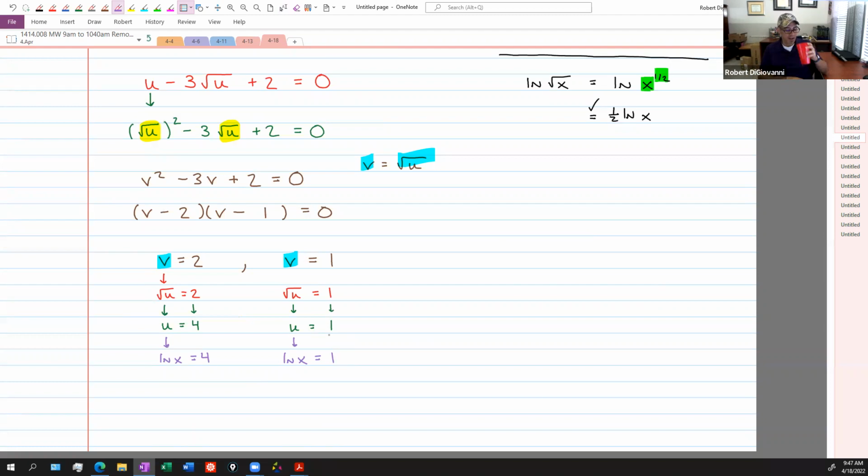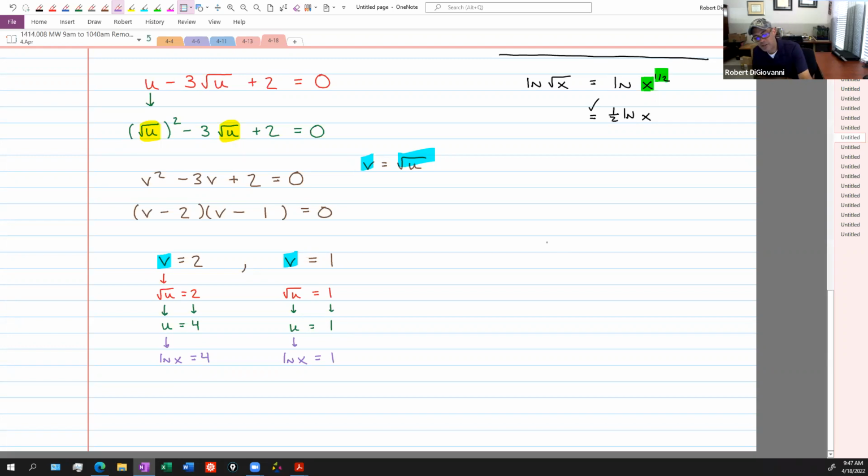How do you solve for x here? Would you divide both sides by the natural log? Careful, careful. Remember, natural log's not a number. It's not something we can divide on, right?